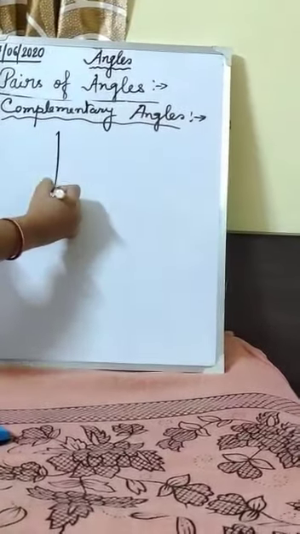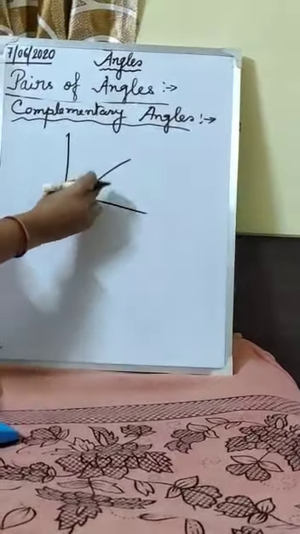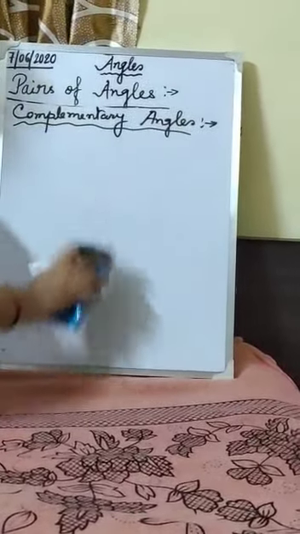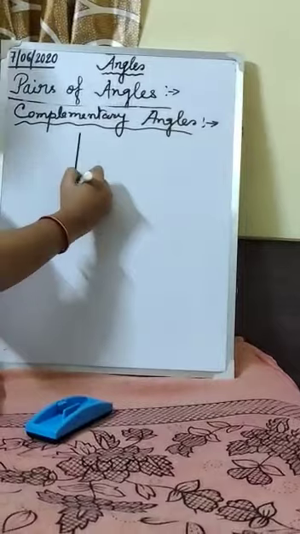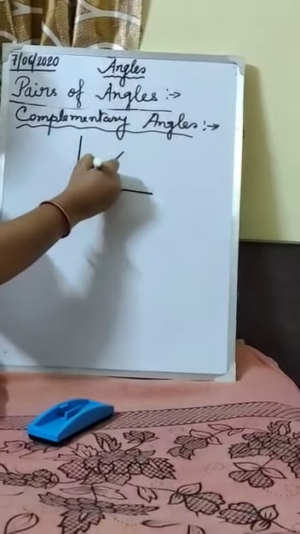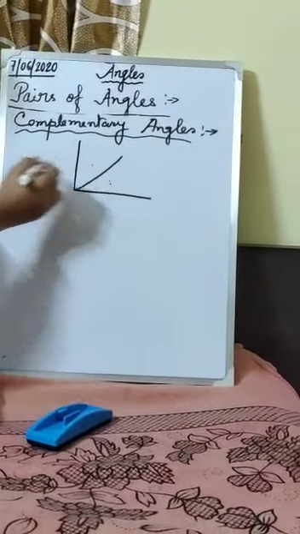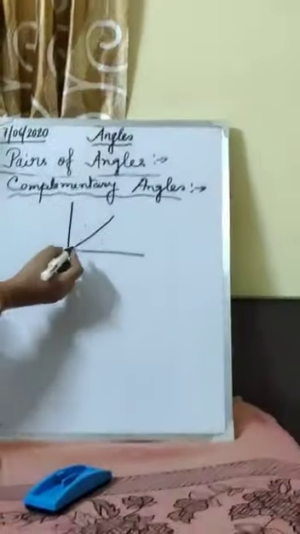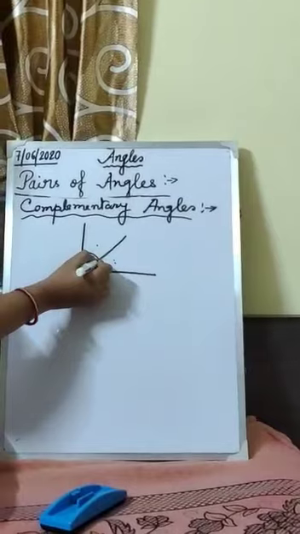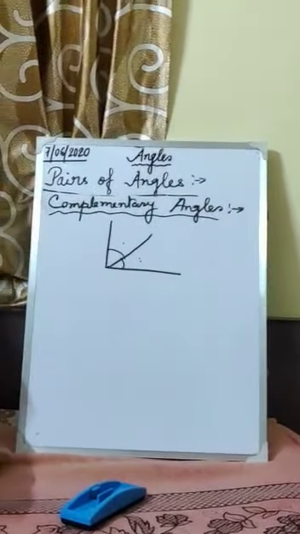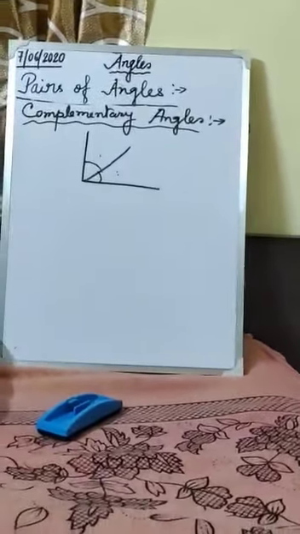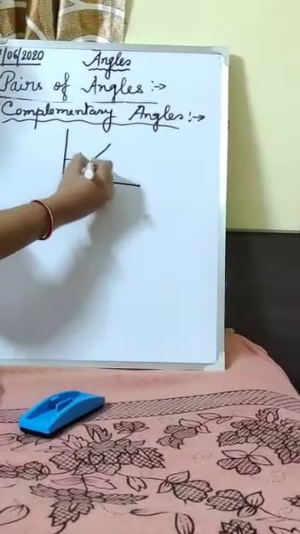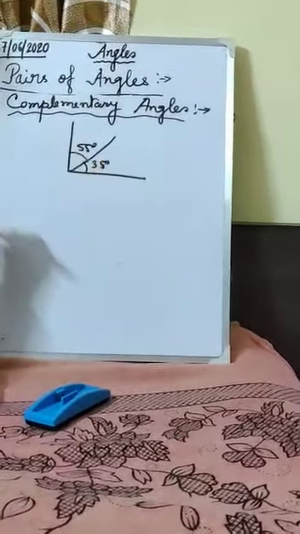Suppose this is an angle. These both are adjacent angles, you can say that. So if you sum up this angle and this angle, you get 90 degree, then you can say that it's a complementary angle. Suppose the value of this angle is 35 degree and this is 55 degree.